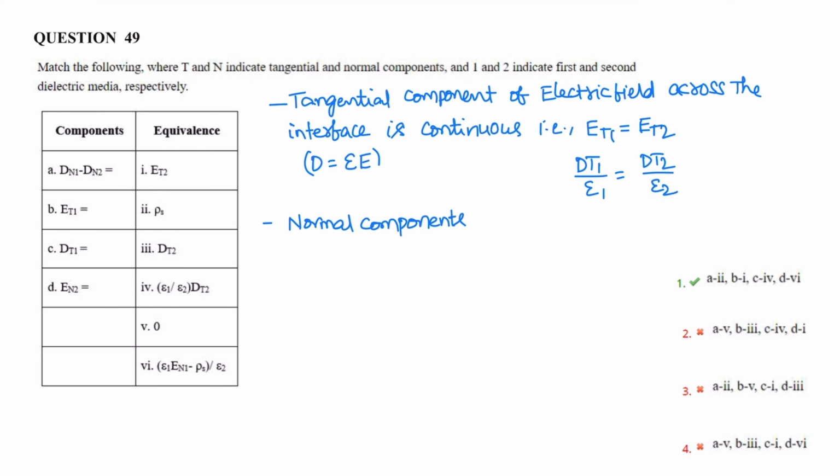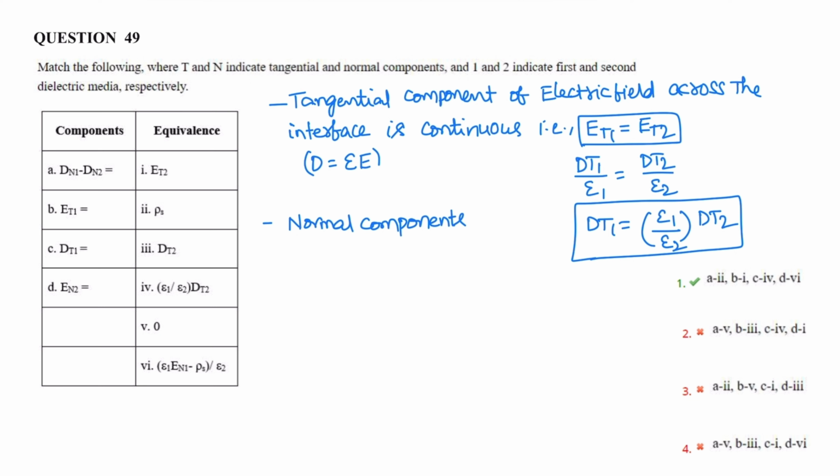From this, Dt1 is equal to epsilon 1 by epsilon 2 times Dt2. The tangential component of electric field is continuous, but the tangential component of electric flux density is discontinuous.